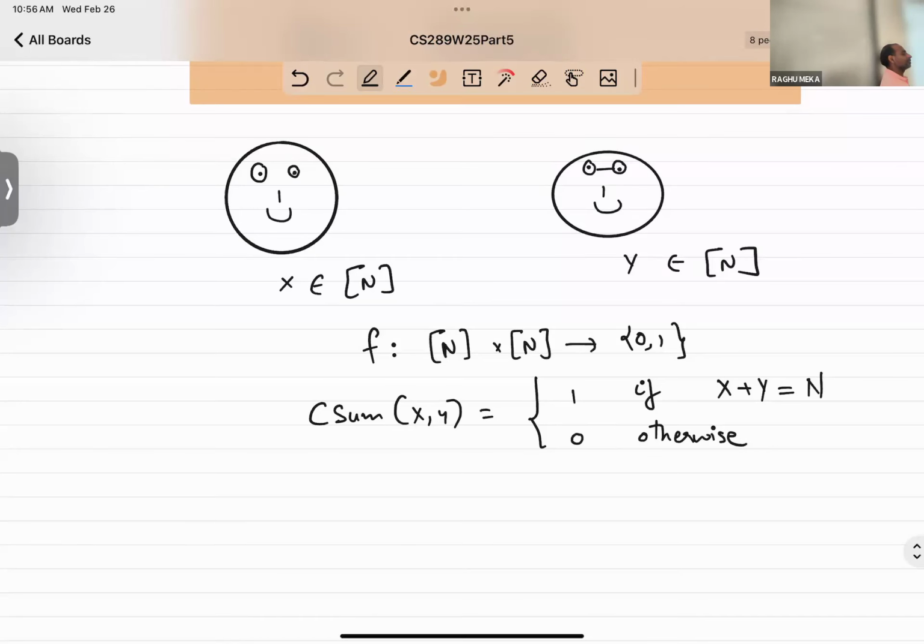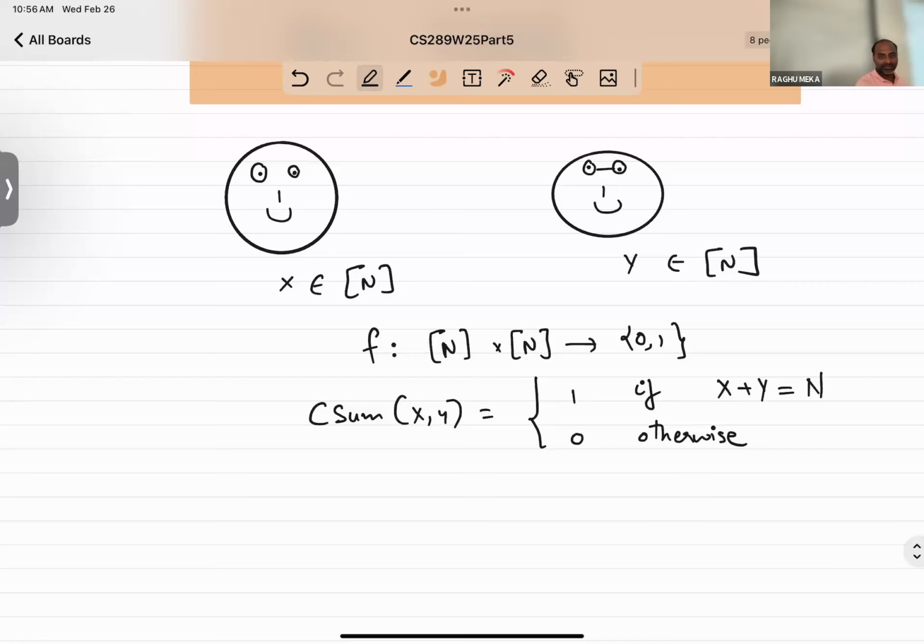So I have a number x, you have a number y. I want to check if x plus y equals capital N. You can replace capital N with any other target; the complexity doesn't change. You just want to check if they add up to whatever target we have.